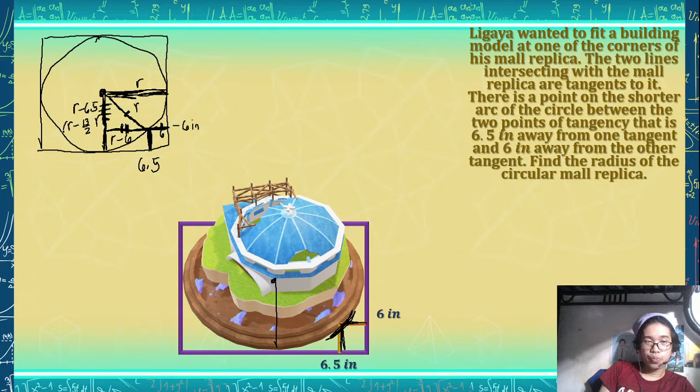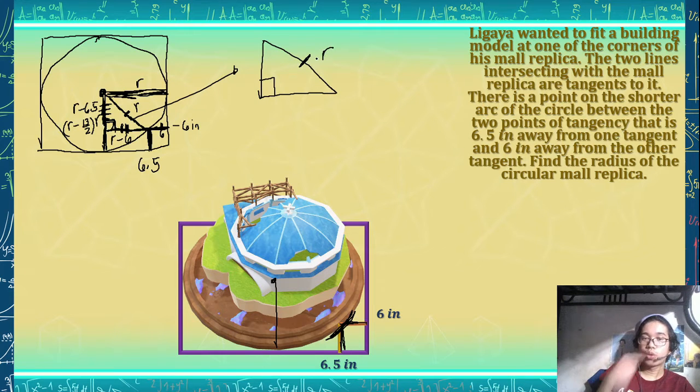If we zoom into the triangle we've created, that's going to be a right triangle. The hypotenuse is equal to r. The legs are r minus 6 and r minus 6.5, or using the fraction, r minus 13 over 2.